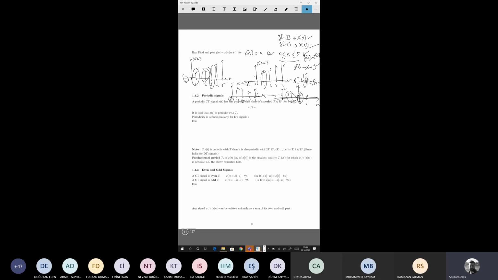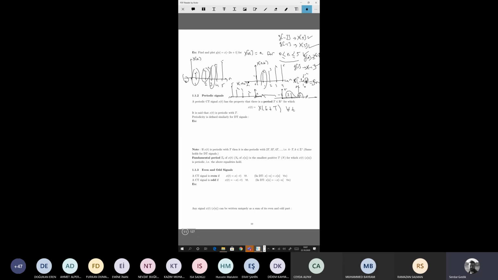Well, the next idea is periodic signals. So let me erase this part. So the next idea is periodic signals. A periodic continuous time signal x of t has the property that there is a period capital T, and it is a real and a positive number. x of t is simply x of t plus capital T for all t values.